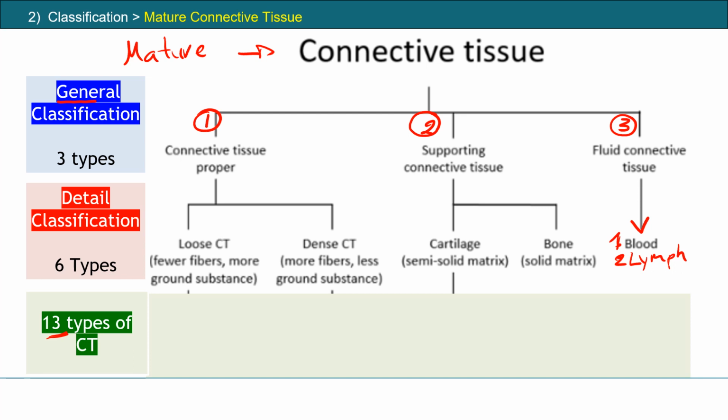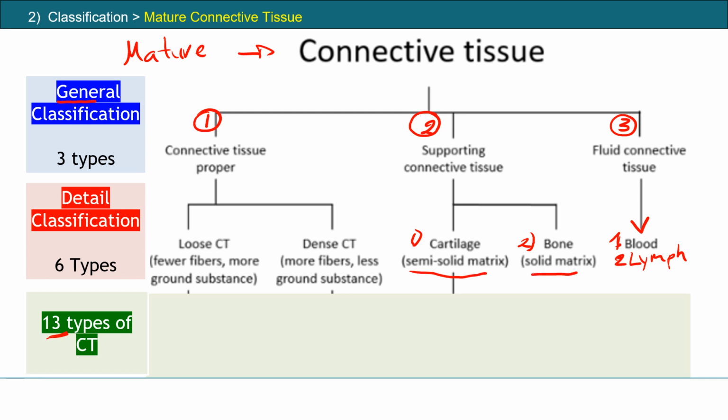Now, supporting connective tissue. When you think about your body, what is supporting you when you're standing up? Your bones, yeah? So here you have one, the cartilage, and the second one will be the bones. One has a semi-solid matrix, the other one has a solid matrix.